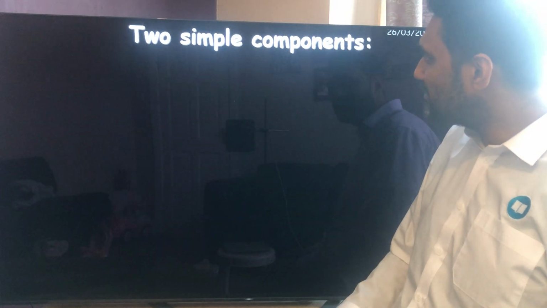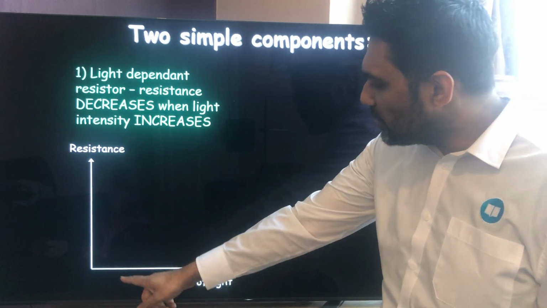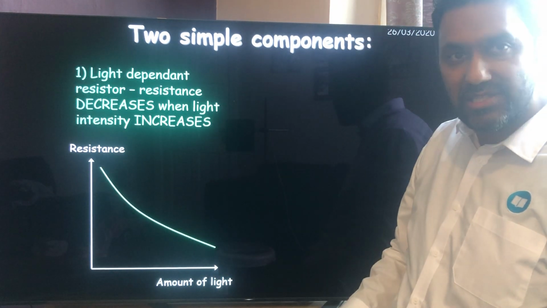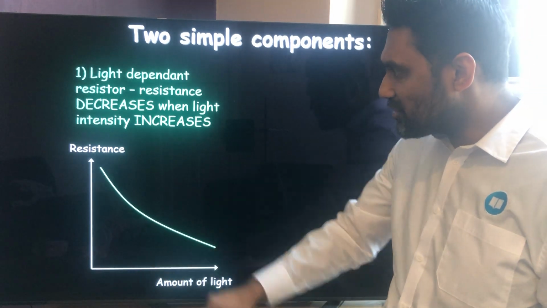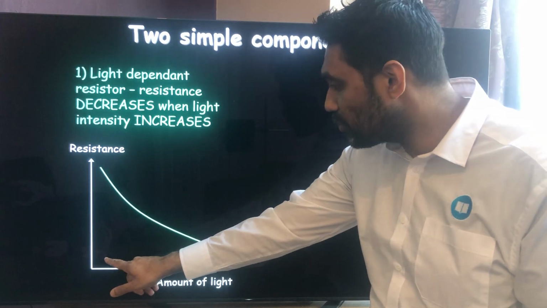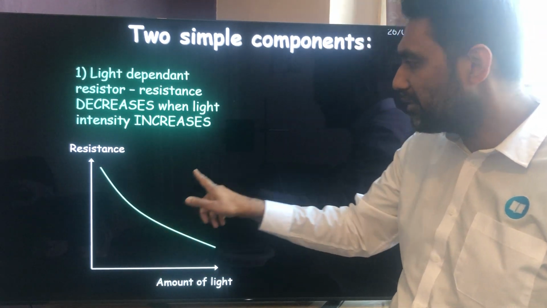So what do they look like graphically? A light dependent resistor looks like this. If I have more light, the resistance decreases. If you turn that around and do it as a current graph, with that being the amount of light, the current would go up, because if there's less resistance, there must be more current flowing through.